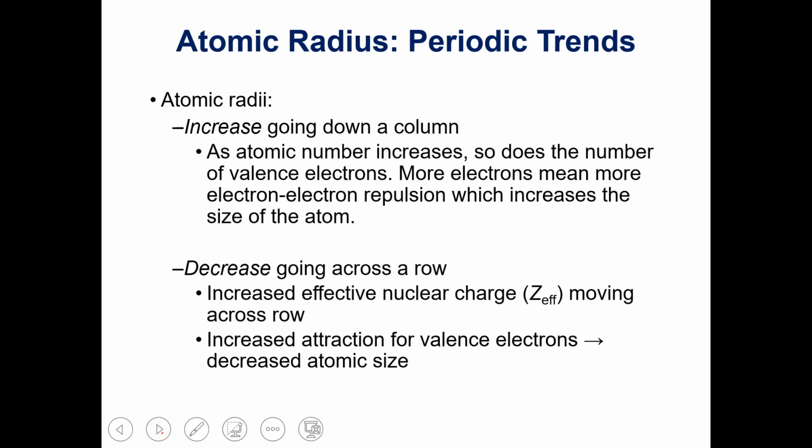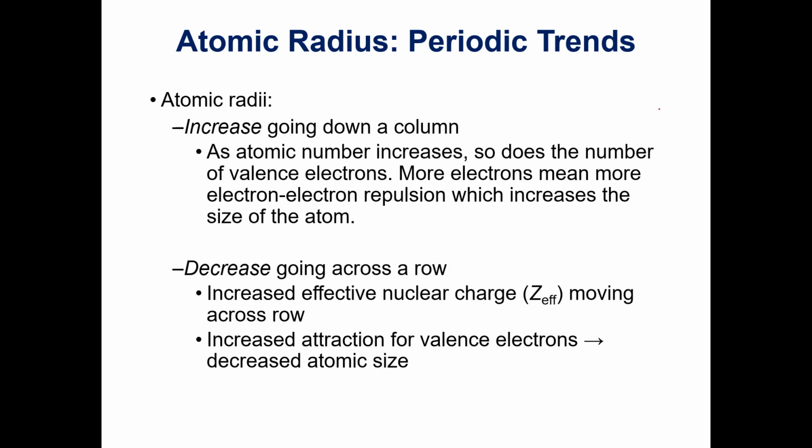So we're going to talk about how atomic radius increases and decreases. I'm going to explain it the way your textbook typically explains it first, because there is one point that we need to make. And then I'm going to show you an easier way to remember the trends.